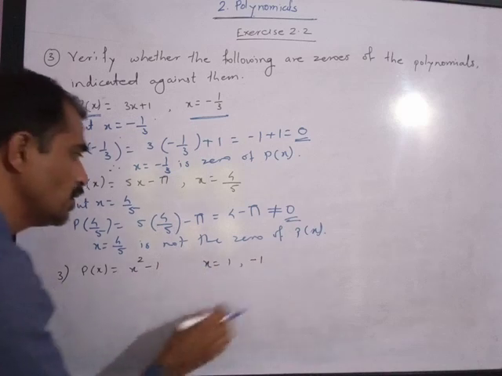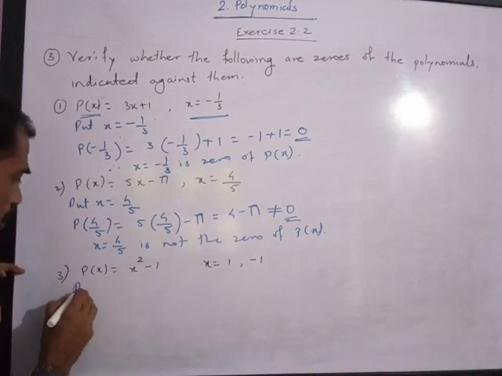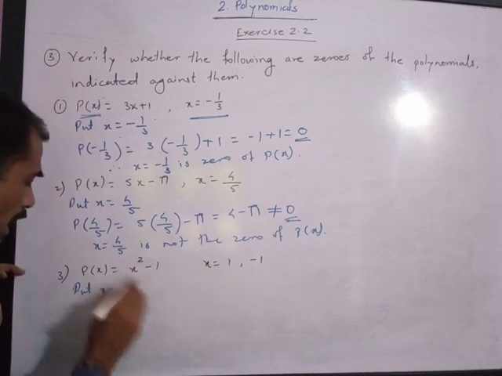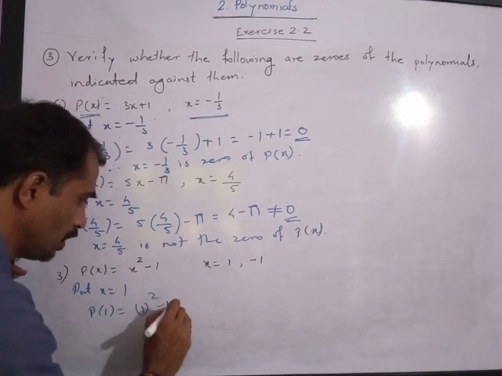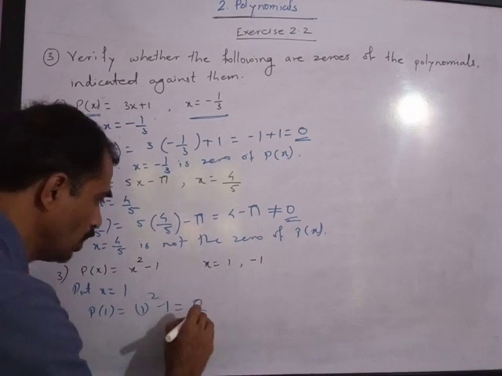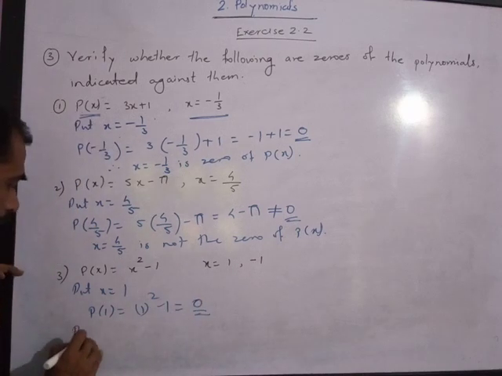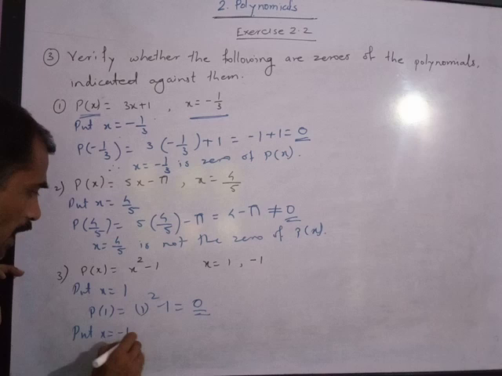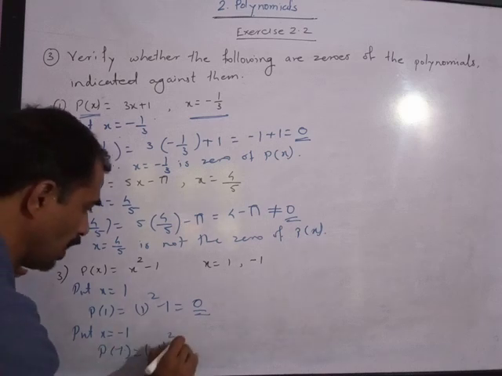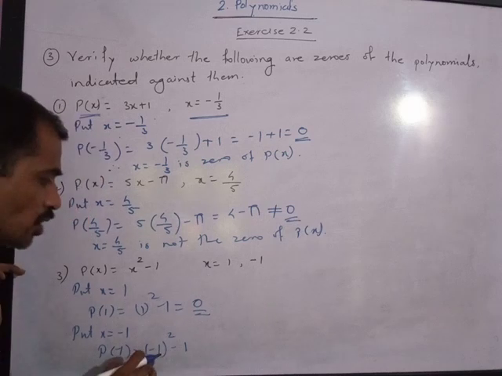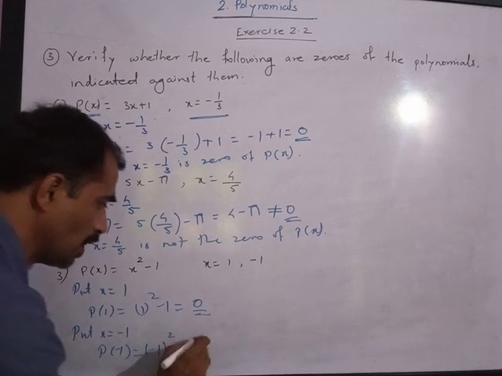Third question is p of x is equal to x square minus 1. We are given two values. If you put x is equal to 1, we will get p of 1 is equal to 1 square minus 1, that is equal to 1 minus 1 is 0. And if you put x is equal to minus 1, then also you will get p of minus 1 is equal to minus 1 bracket square minus 1. Please note, minus 1 square is plus 1, minus 1 is again 0.